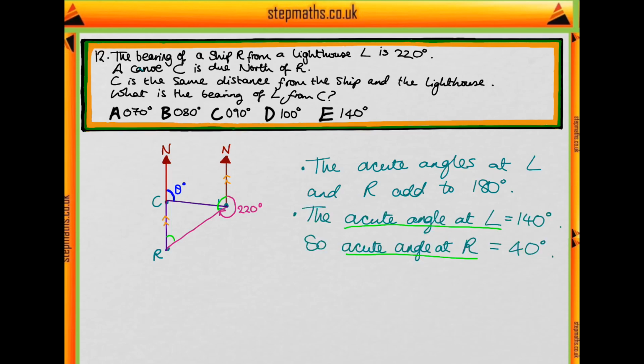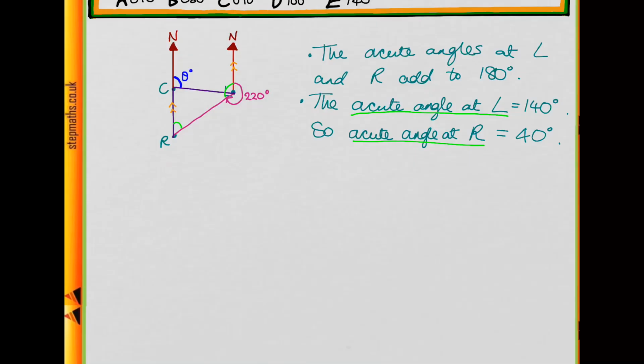We also know that because we have a circle here that's 360 degrees, the angle here is 140 degrees, it's just 360 minus the 220 we've already used there. And so, because they must add to 180, the angle at R must be 40 degrees. Okay, so now we have that this angle here is 40 degrees.